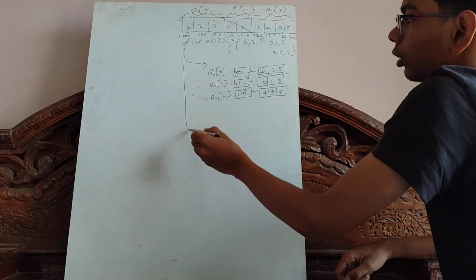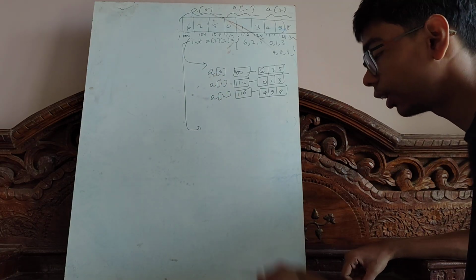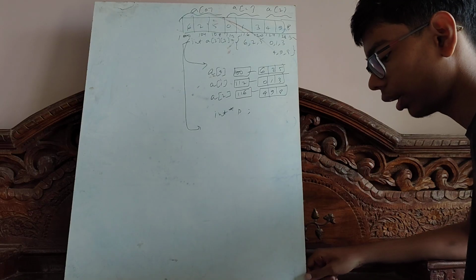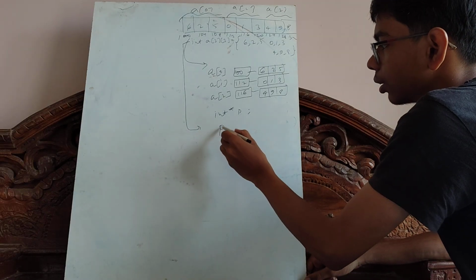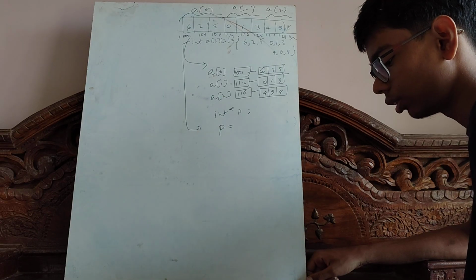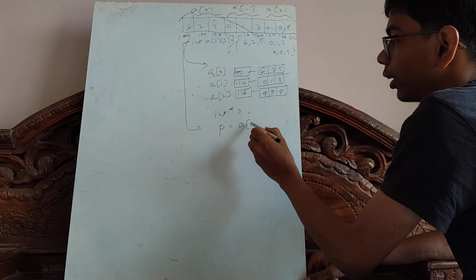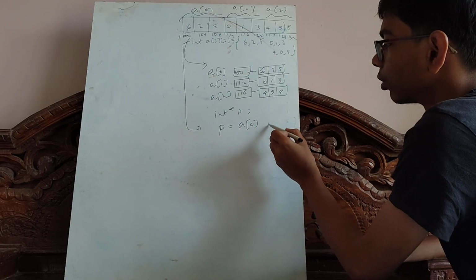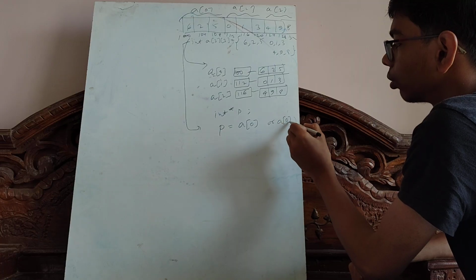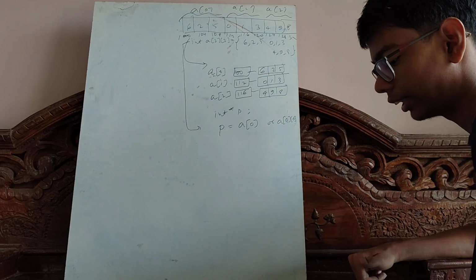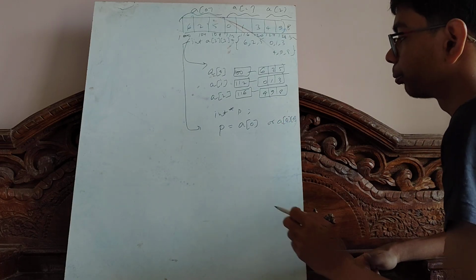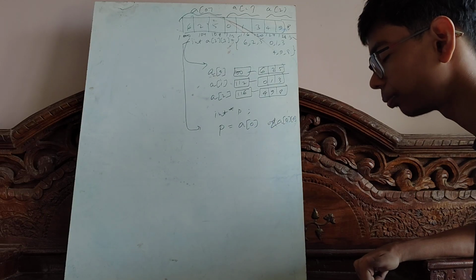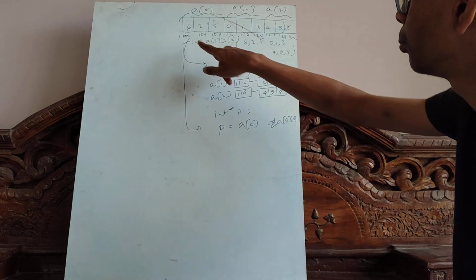After that, suppose I declare a pointer, and I can assign this pointer a of 0, then it will contain the base address 100. Or I can also assign address of a of 0, 0. It will also contain the base address.